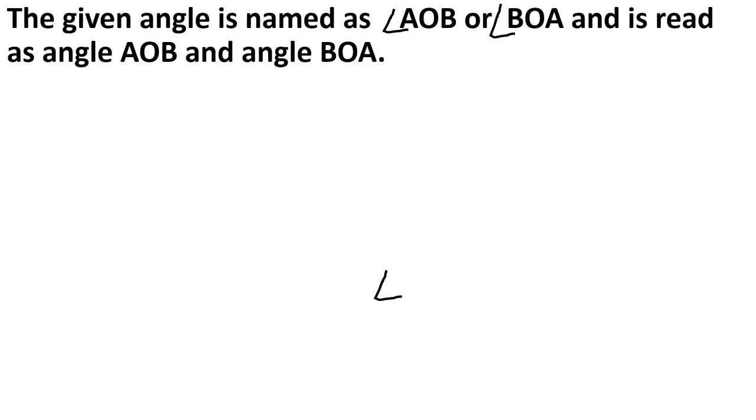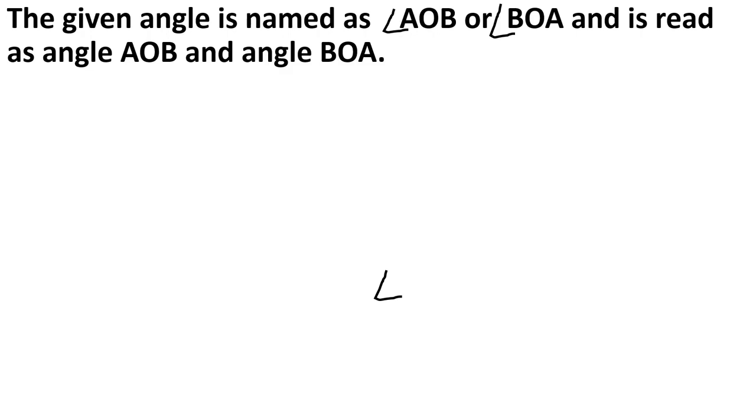Remember that the vertex always comes in the middle. Whether it is AOB or BOA, in whatever way we write the name of the angle, vertex O is in the center of the name.